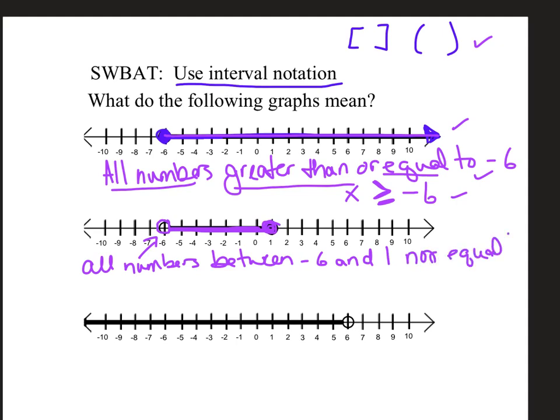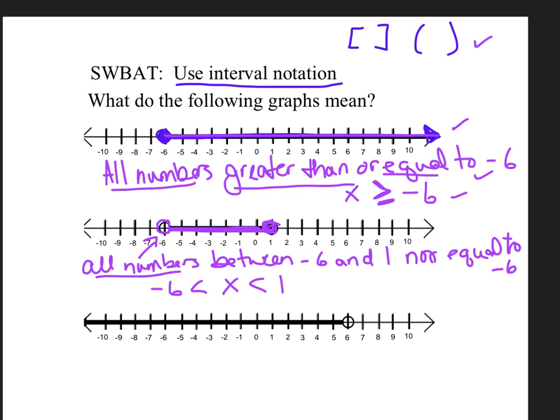The way that we write this, all numbers, remember, is our x. Now when we do between in math, it's almost like its own number line, and we put two less than signs, with -6 and 1.